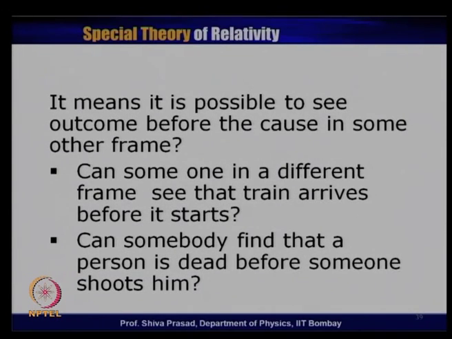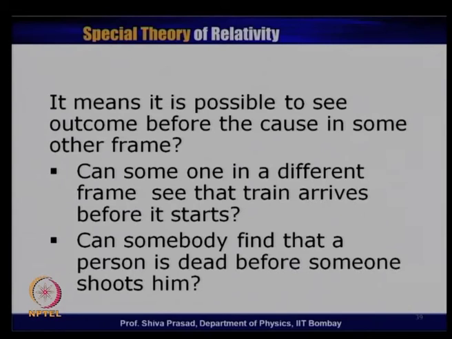If delta t prime changes sign, it may be possible that in some other frame of reference, one could see a train arriving before it starts, or a person dying before somebody has shot him. That is what changing the sign of delta t prime would mean.